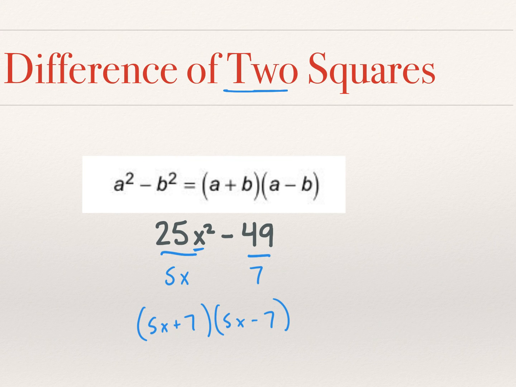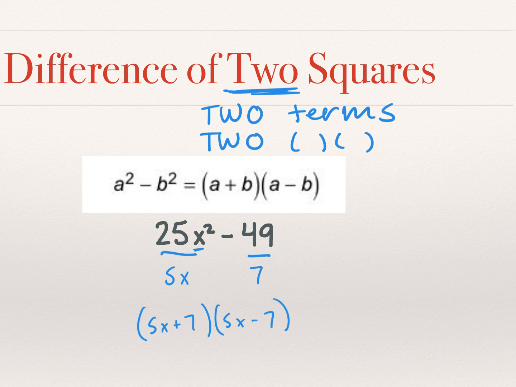So when you use the difference of 2 squares, when it has 2 terms, you need 2 parentheses. We have a perfect square here and a perfect square here.